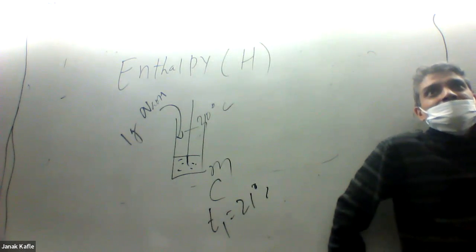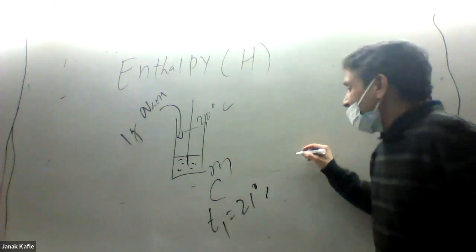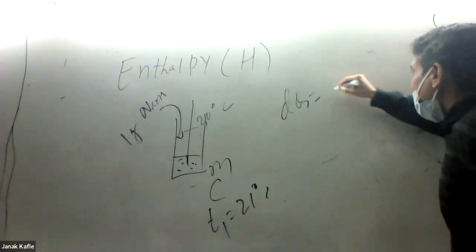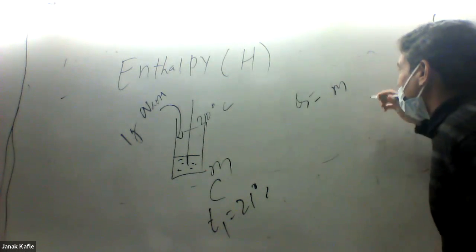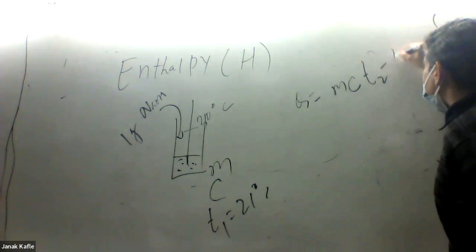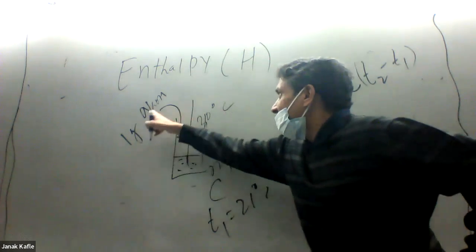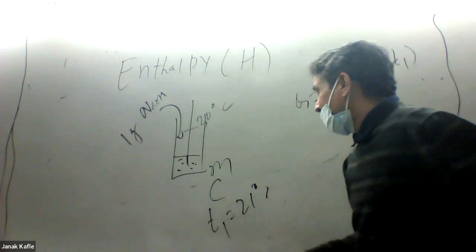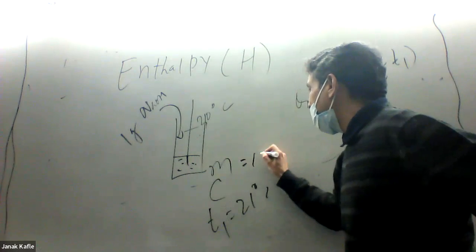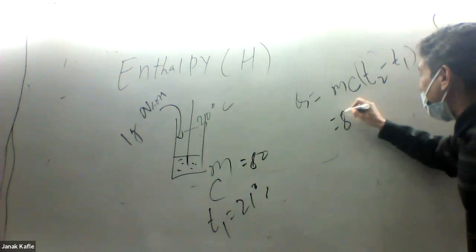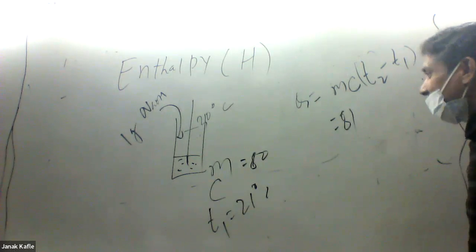Make sense? So what I'm measuring here is basically Q. So dq is equal to mC(T2 - T1). How much m do I have here? The sodium hydroxide, I put 1 gram. The mass of the water might be, let's say, 80 grams. So 80 grams plus 1 gram, I have 81 grams of mass inside that beaker.